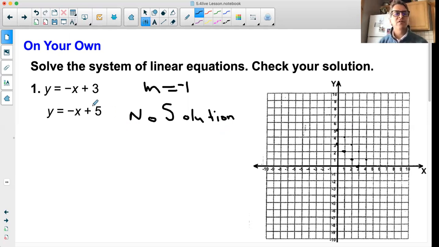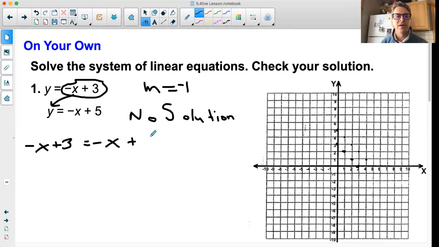So let's say that you just said, well, let's go ahead and solve this. I'm going to take this top equation and use what we probably use the most, substitute. I'm going to substitute it down into this other equation. So I'd have negative x plus 3 is equal to negative x plus 5.